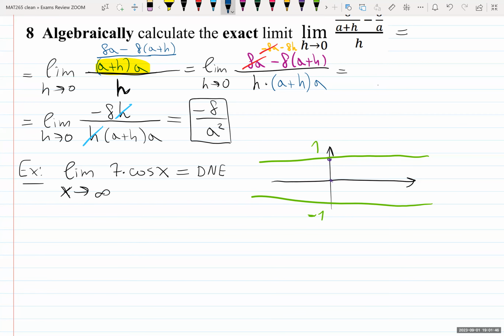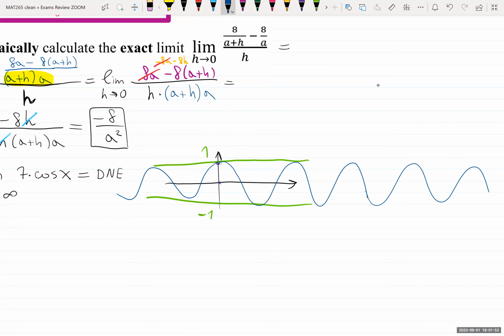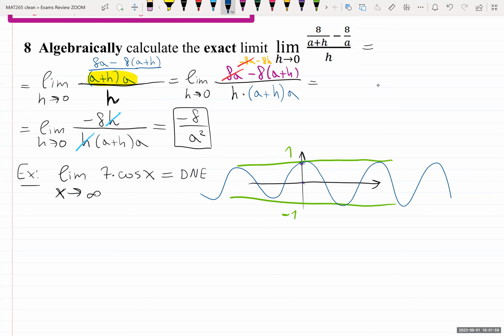And it keeps going and going, minus infinity and plus infinity, forever. The thing is, it will never stop going up and down. And because cosine and sine cannot decide where to stop, at like 0.7 at pi, cannot decide where to stop, that's why the limit does not exist.